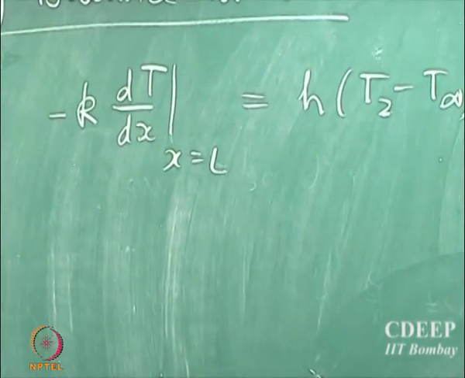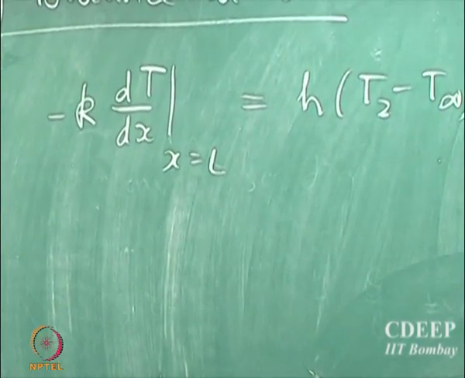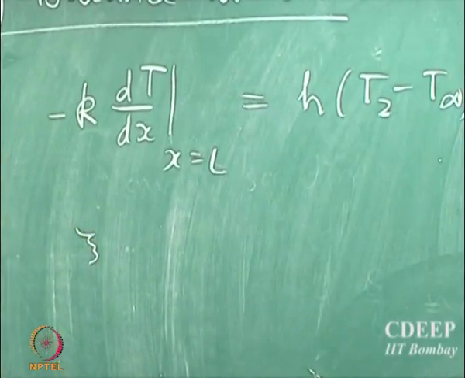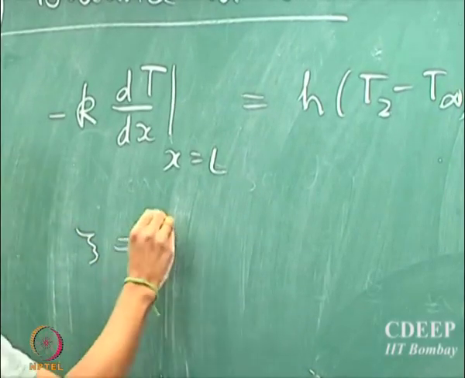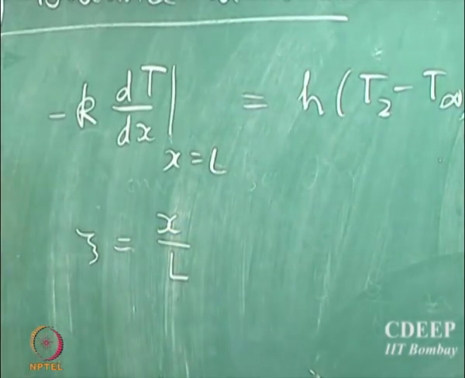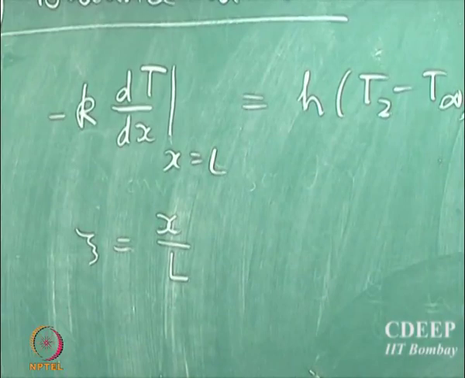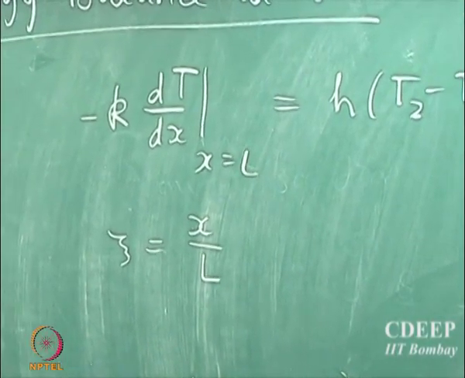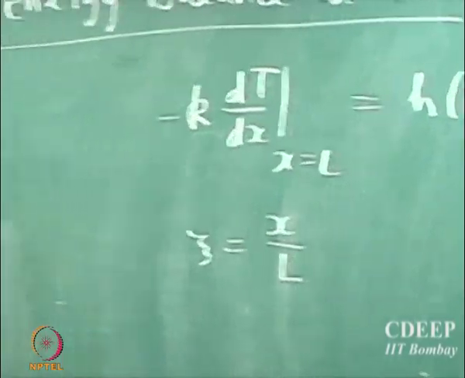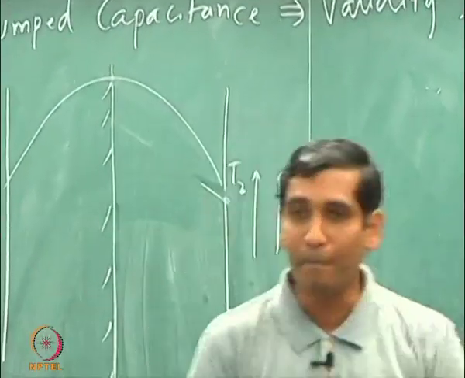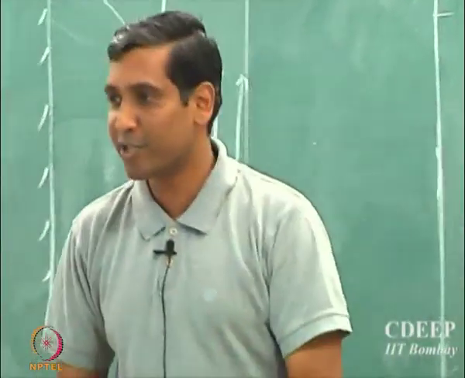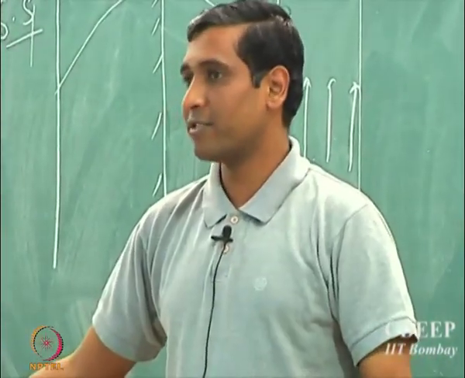Okay. So now, supposing I define a variable called z, okay, which is x by L. So now I scale the dimensions. So keep in mind that when I said when you lump it, the dimension of the system plays an important role. So when you want to compare the two rate processes, it is useful to non-dimensionalize the coordinate system.